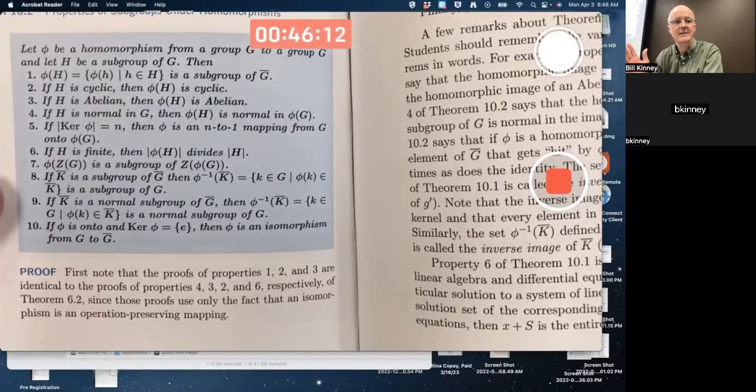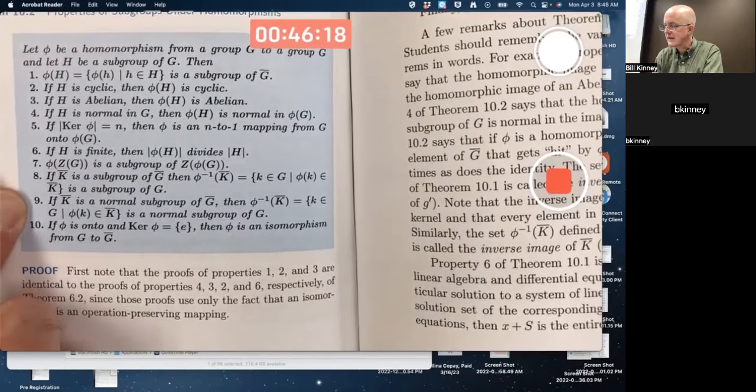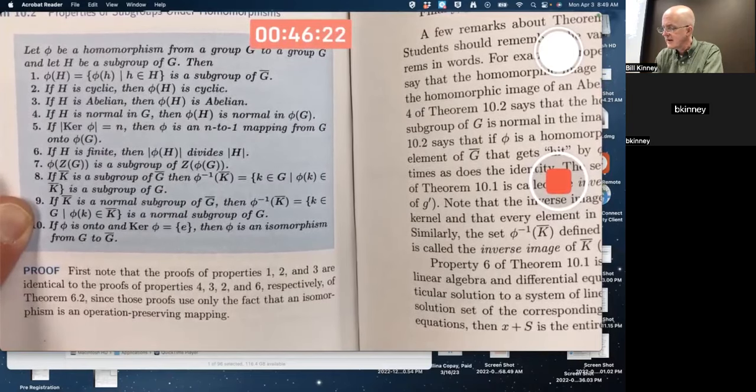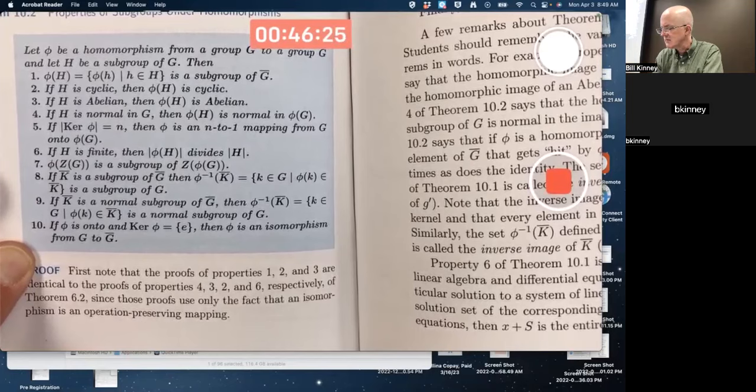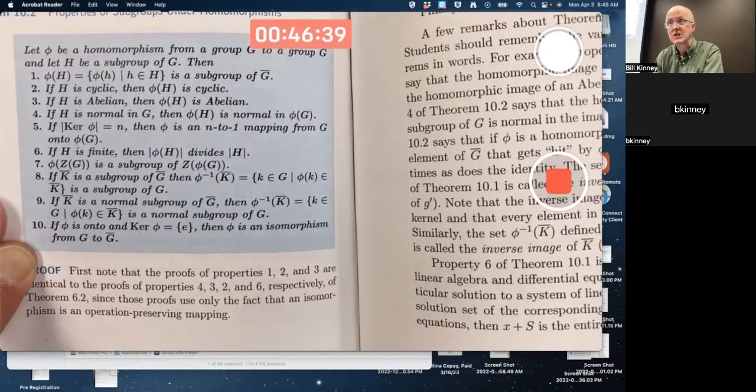And the ones that stand out to me as problems I like to give are 8 and 9. 10 is interesting as well. 10 is saying if phi is onto and the kernel is trivial, then in fact phi must be an isomorphism. That means the kernel being trivial implies the function must be one-to-one. That's what's left to show here in number 10, that phi is one-to-one.